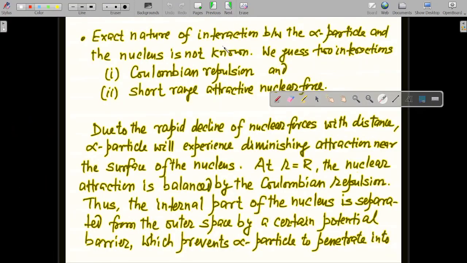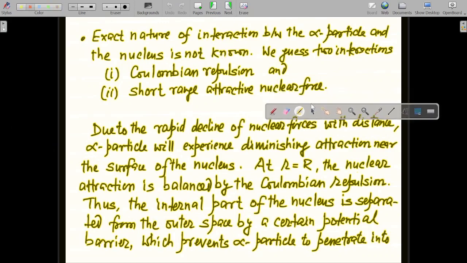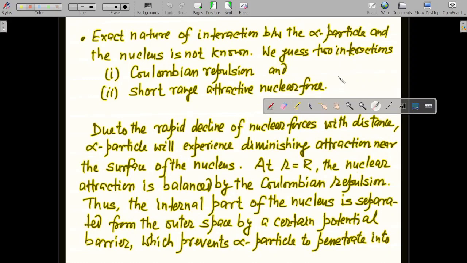The exact nature of interaction between the alpha particle and the nucleus is not known. As these are microparticles that are not visible to the naked eye, years of research are required to study them.